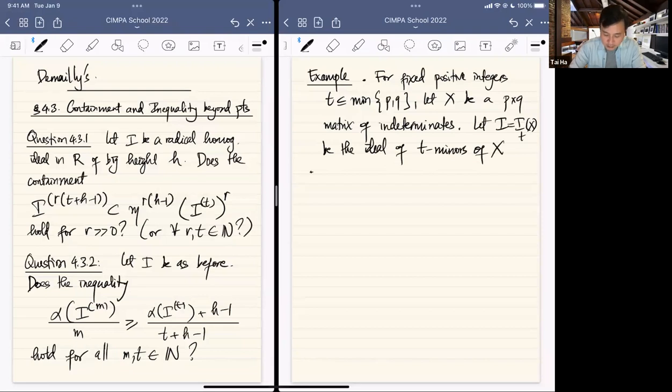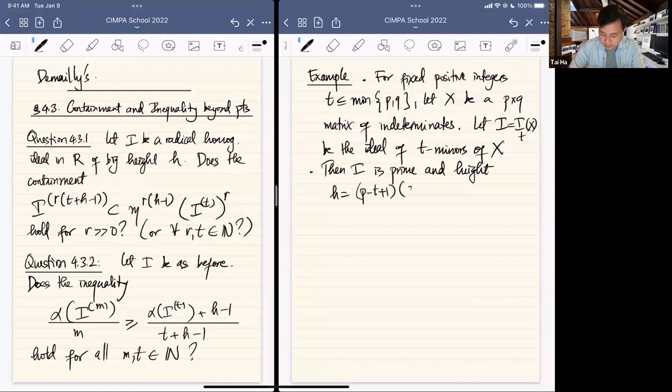Then it's not very hard to see that I is a prime ideal and has height. In this case, heights and big heights are the same, given by p minus t plus 1.